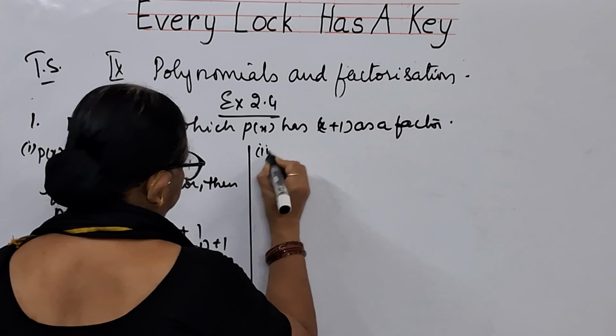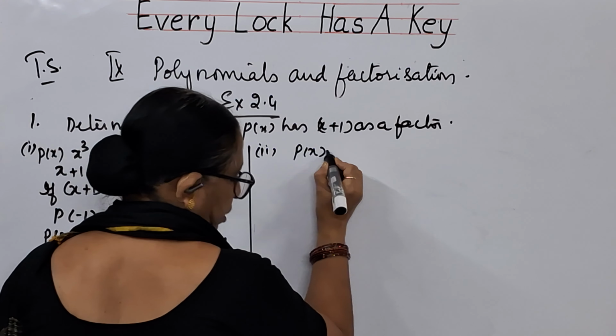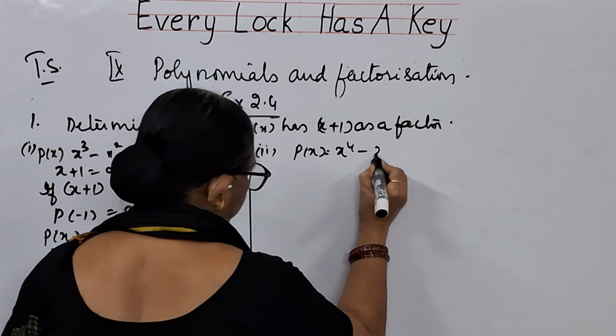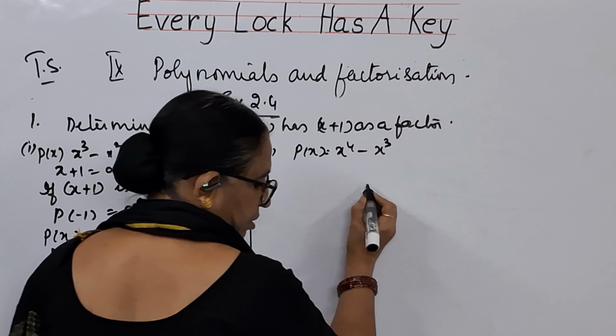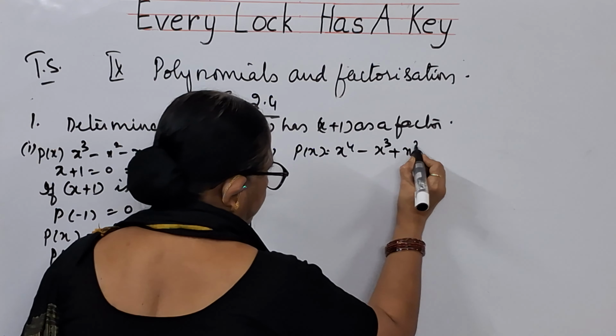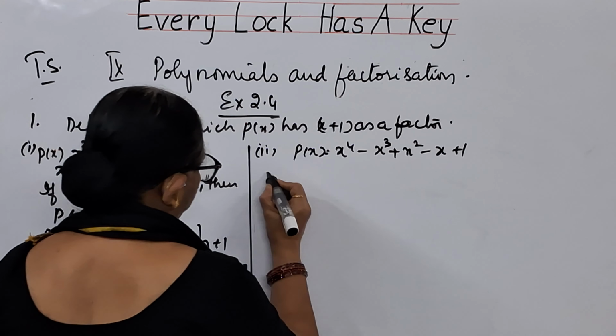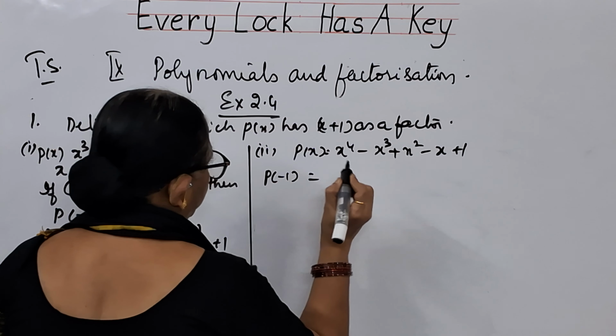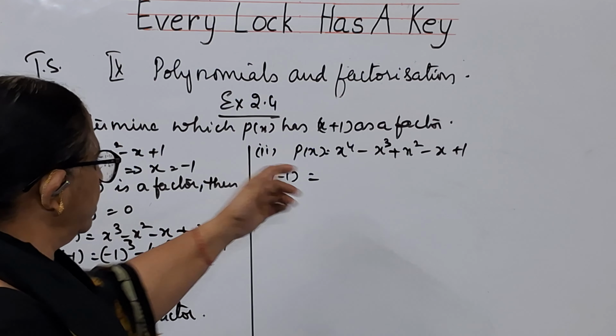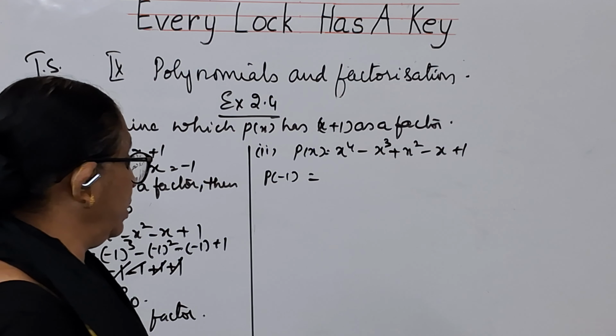What is the second bit? P of x is equal to x to the power of 4 minus x cube plus x square minus x plus 1. So, go for P of minus 1 only, because they are asking only for x plus 1 as a factor.